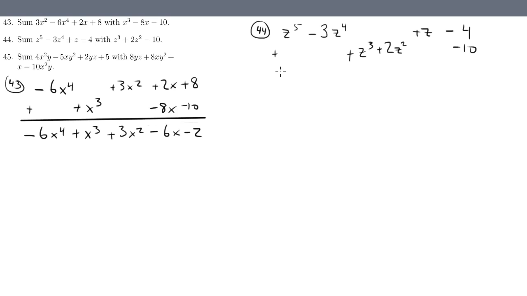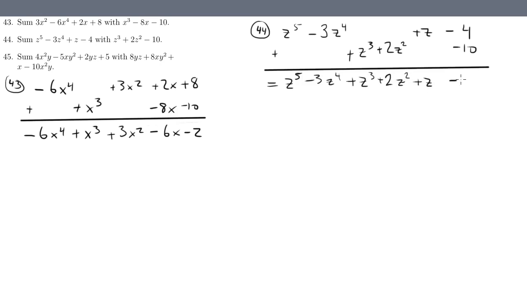The only overlap is the constants. So we're going to get z to the fifth minus 3z to the fourth plus z cubed plus 2z squared plus z minus 14. And this again is all that we're really combining.